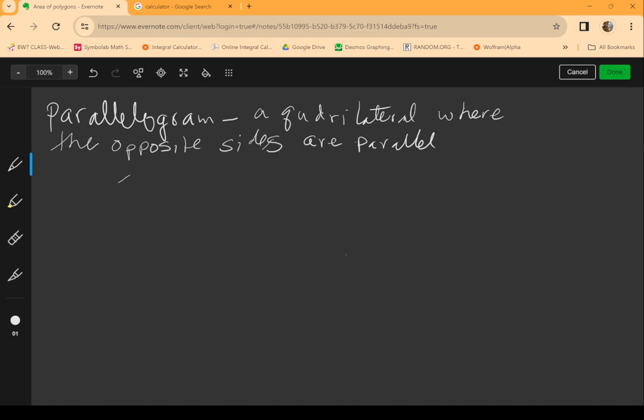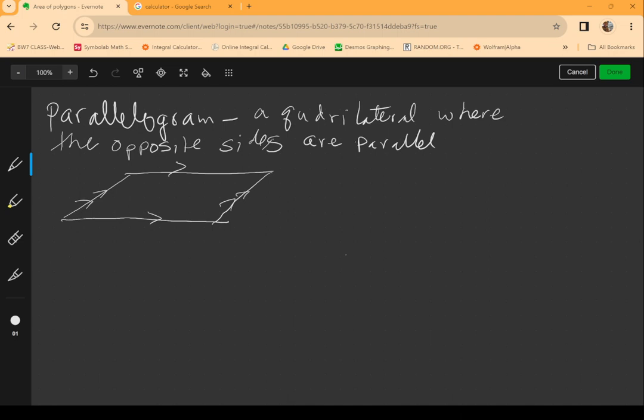So an example like this would be an example of a parallelogram, right? Think of almost like a rectangle that's kind of leaning, right? It has the base, but it kind of leans, right? So we could say, though, that rectangles are parallelograms. Opposite sides being parallel.